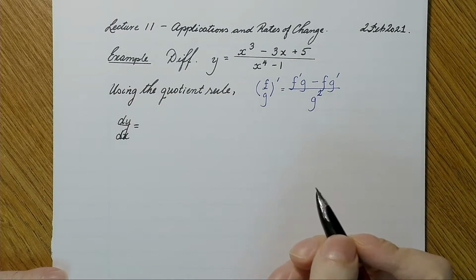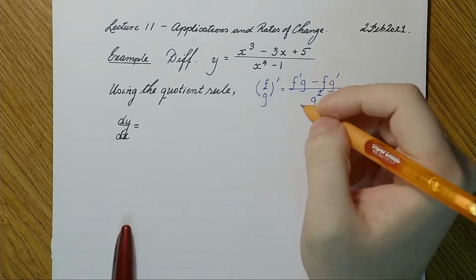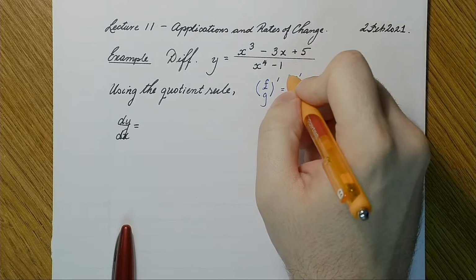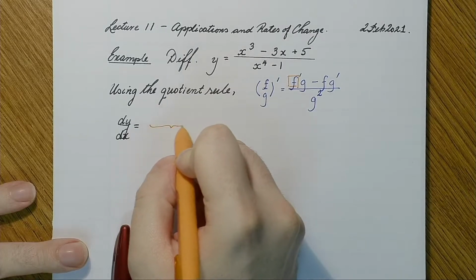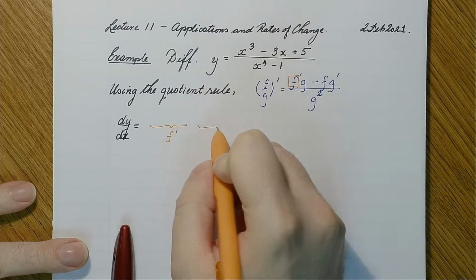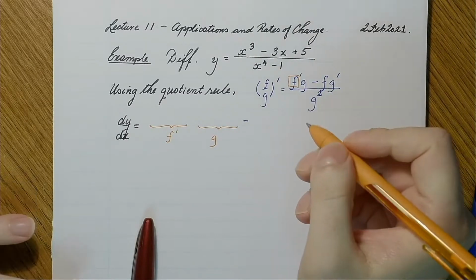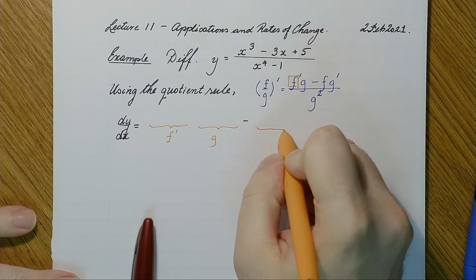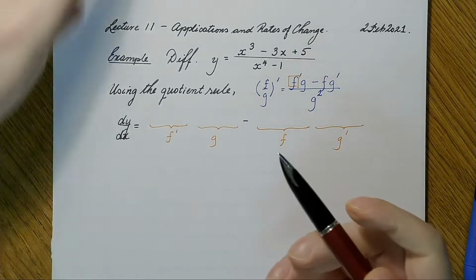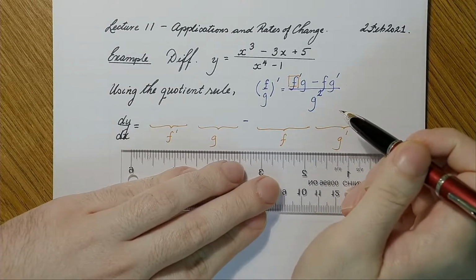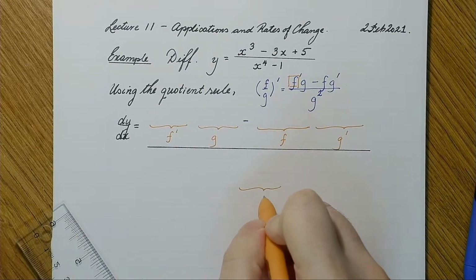So in the top part we'll have f prime times g, then a minus, then f times g prime, and that's all divided by g squared.